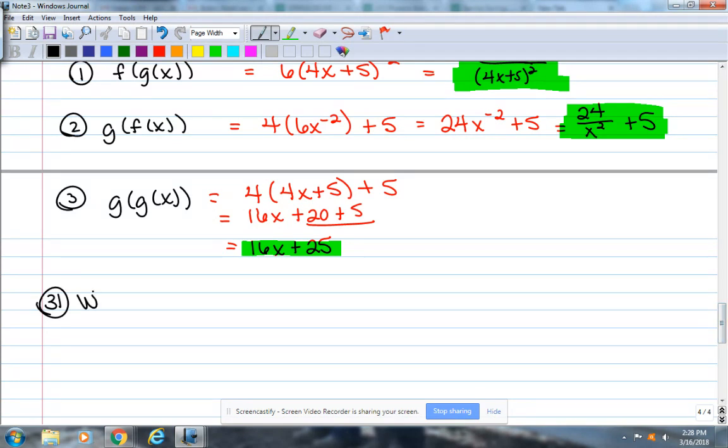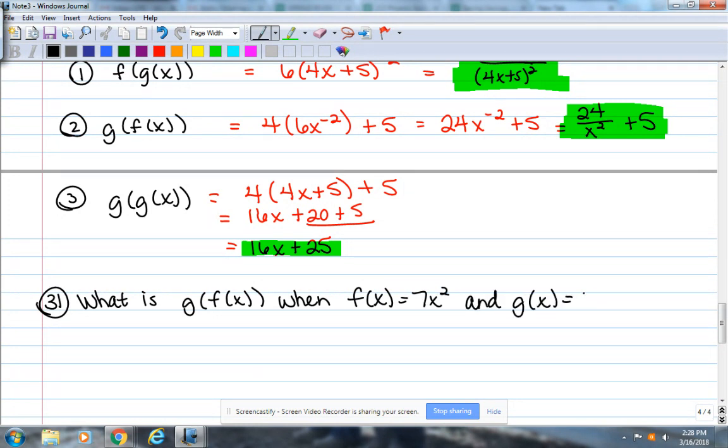But it says, what is g of f of x when f of x equals 7x squared and g of x equals 3x to the negative 2 power? Question mark.